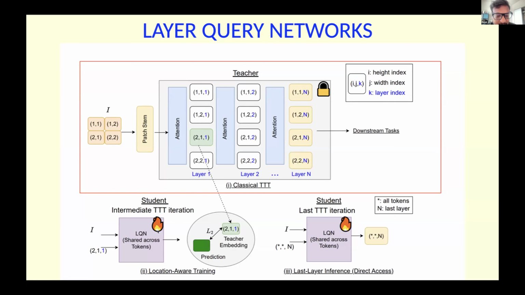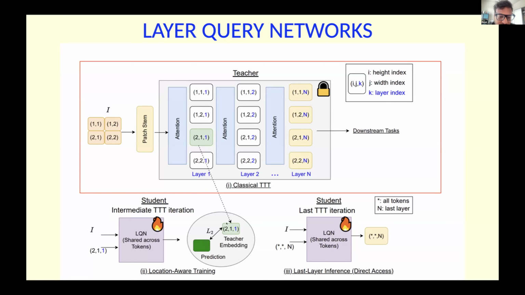So our idea is very simple. You build a new kind of neural network, and what it does is that you take an image as input and index it with the location of any token. So let's say you want to distill this 2,1,1. You take 2 comma 1 comma 1 as input, and then you predict the green embedding, and you want this green embedding to be similar to the teacher's.